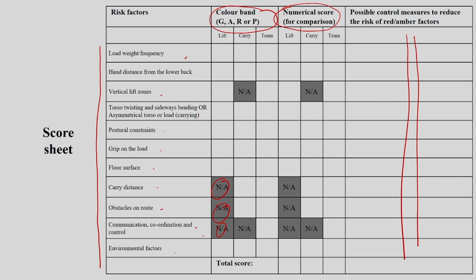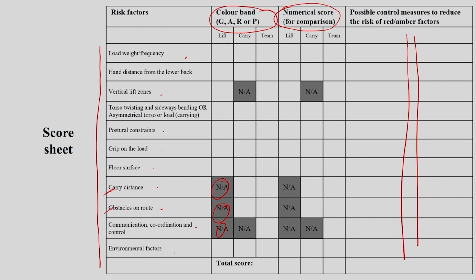What does that mean? If you are talking about lifting, carrying distance is really not applicable, right? Obstacle on the route, because you are not moving, you are just lifting it, right? So wherever these questions are not valid, we will have NA. We need not answer them.